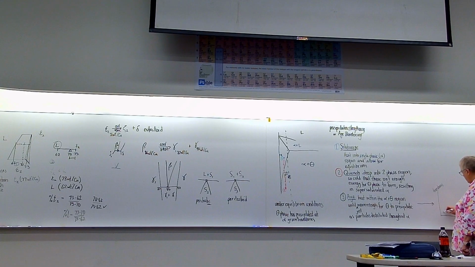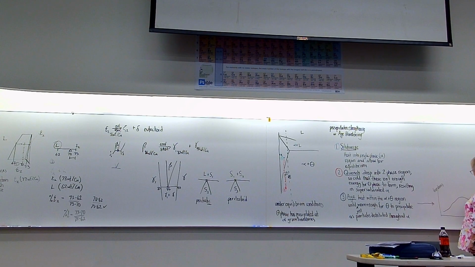So the hardness starts to rise and then fall. That might be aging temperature 1. Typically, if I go with a lower temperature, this thing takes a lot longer, but I get a higher ultimate hardness.